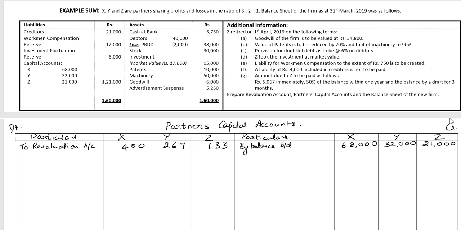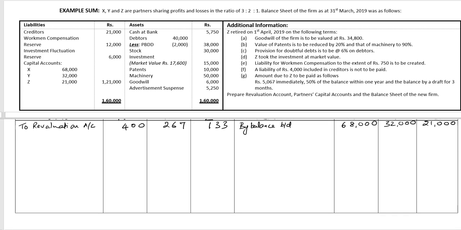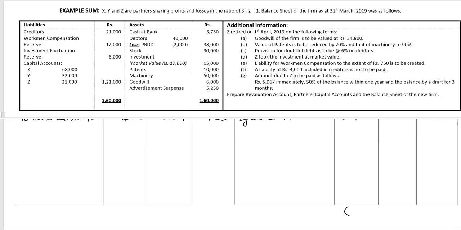So we have the balance of 12,000 minus 750, which is in other words 11,250, to be distributed in 3:2:1.